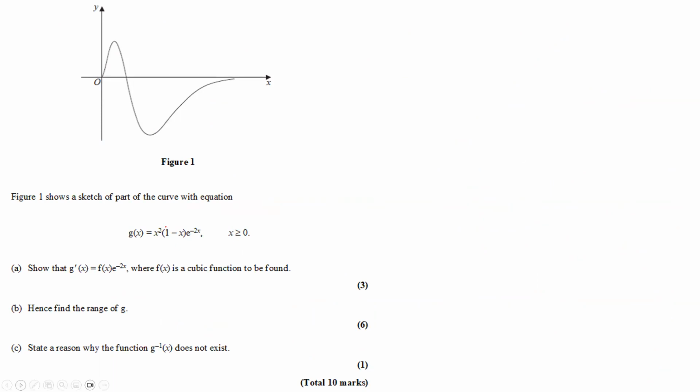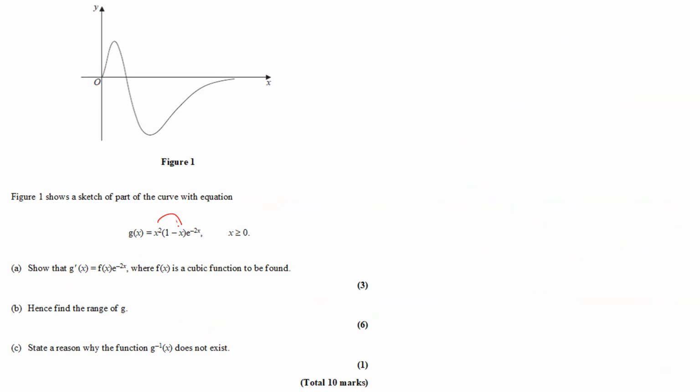This one now, we've got here a curve in figure 1, and it is a function g of x, x squared, 1 minus x, e to the minus 2x. We've got to show that g dash x, so the differential, is going to be a function of x times e to the minus 2x.